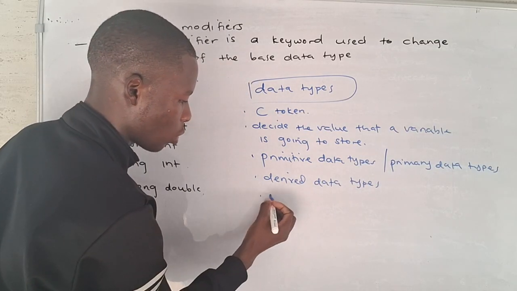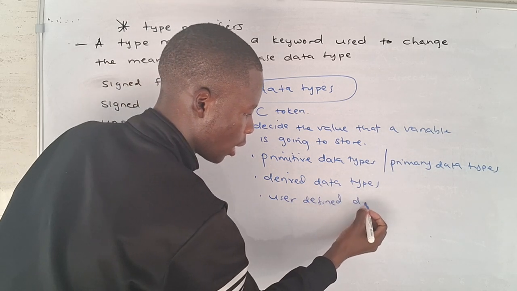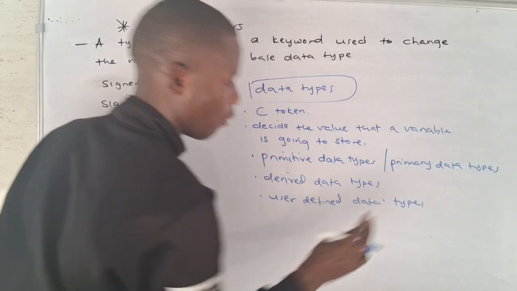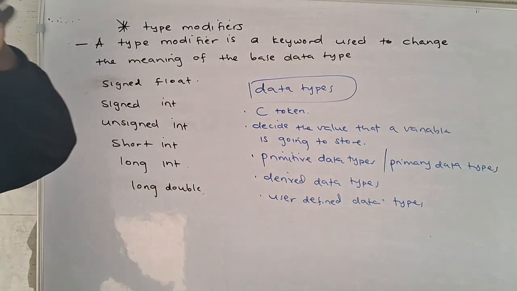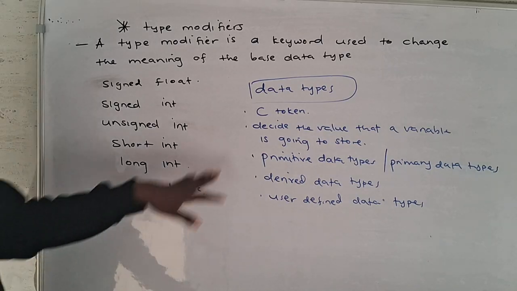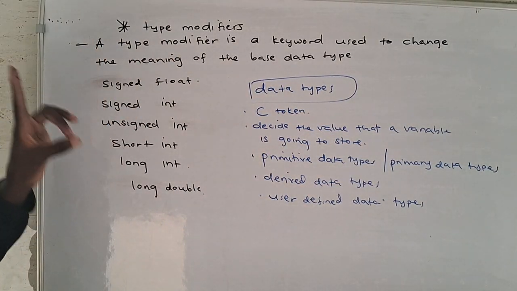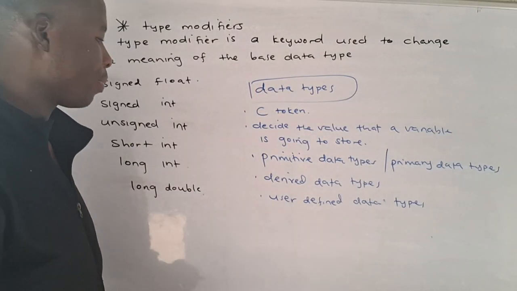We also have user-defined data types. This is very, very important. These are the three types of data types that we have in C programming. What is a data type? A data type is going to decide the value that a variable is going to store. This is a C token.